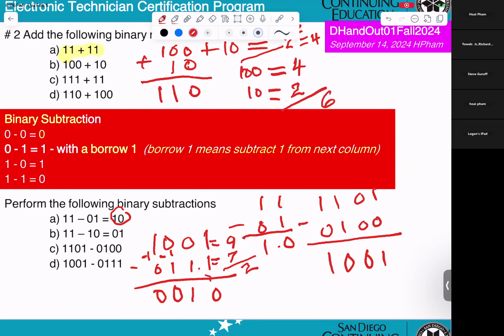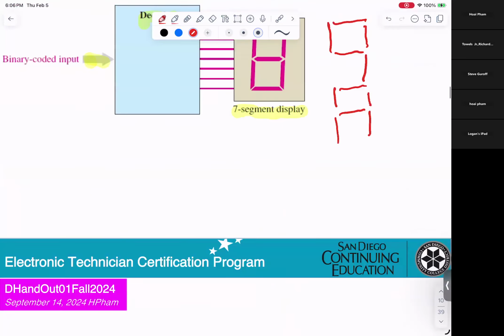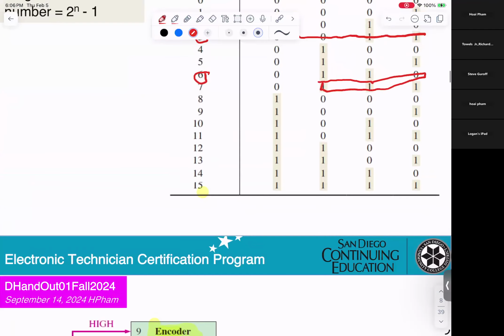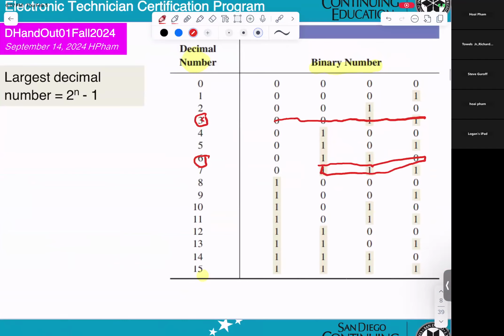And the answer in binary, 0010, equal number 2. Again, if you're confused and don't know the answer, go into here. 0010 here, that's equivalent to number 2.